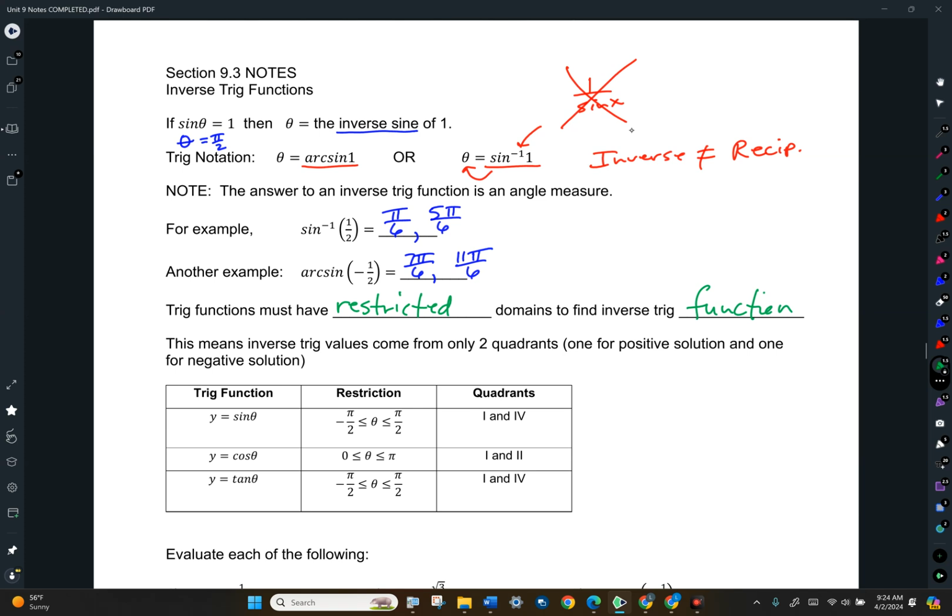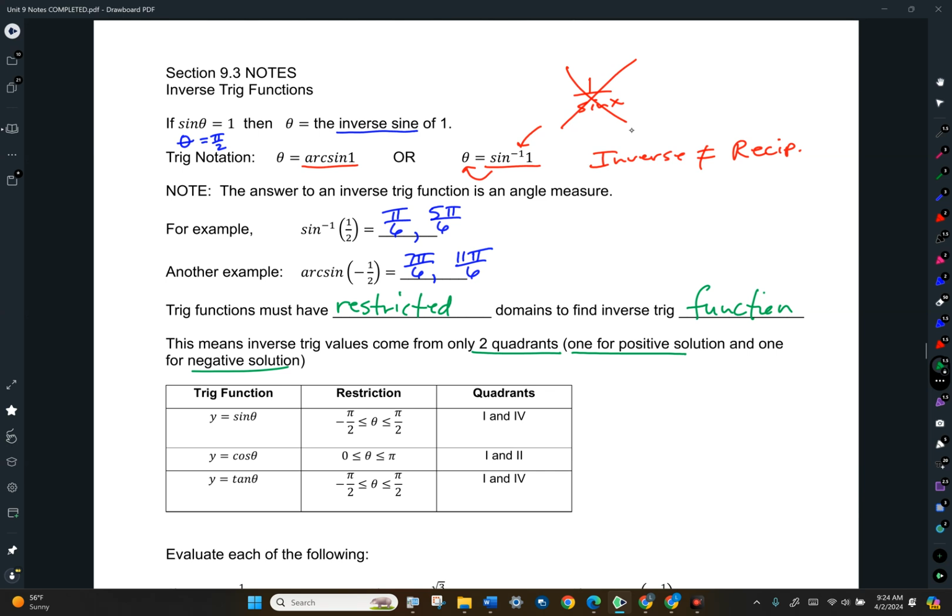We're only going to use one of the answers. And so I'll cross off the one that we're not going to use here in just a minute. So this means inverse trig values come from only 2 quadrants. So if you need it to be positive, you're going to use a particular quadrant. And if you need it to be negative, you're going to use only one particular quadrant.